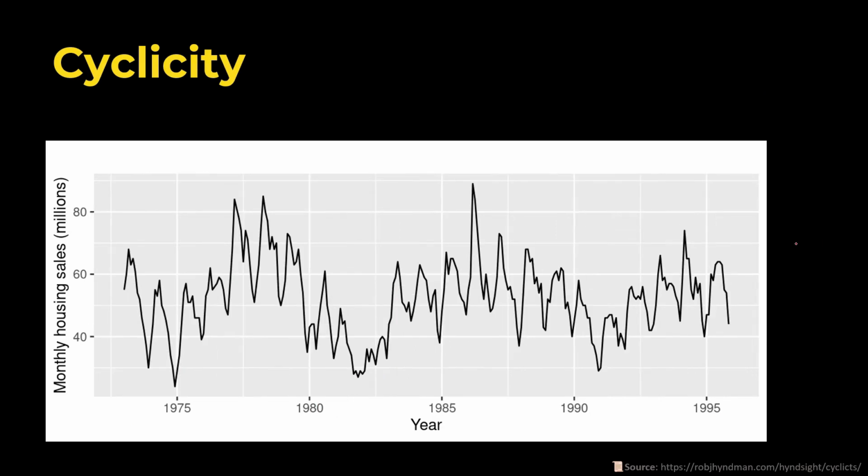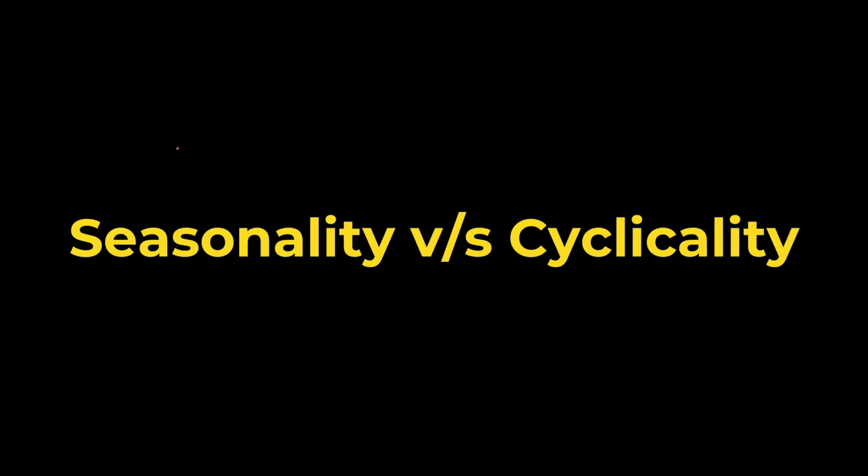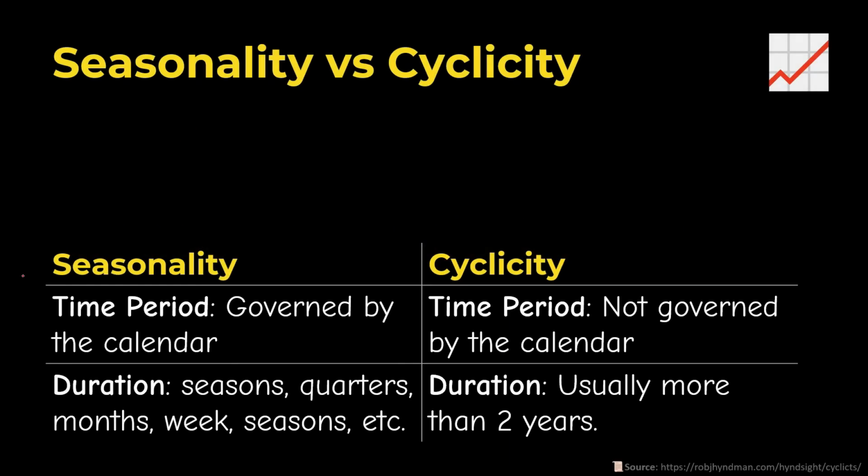Another example: this kind of pattern is repeating over many years. Let's summarize the difference between seasonality and cyclicality. The time period in seasonality is governed by the calendar, and it is usually less than 1 year.